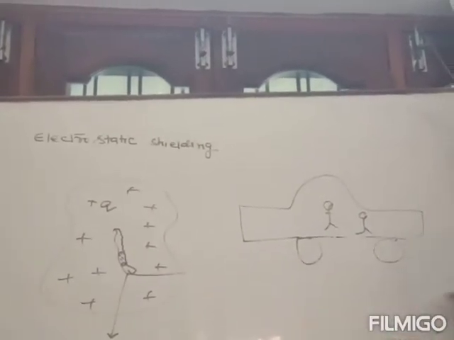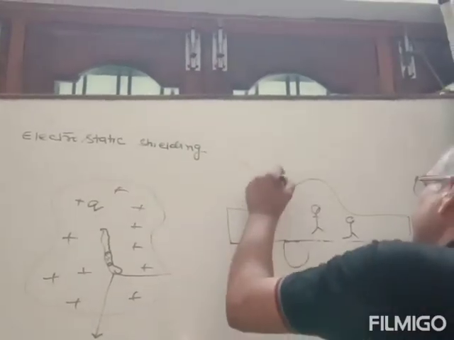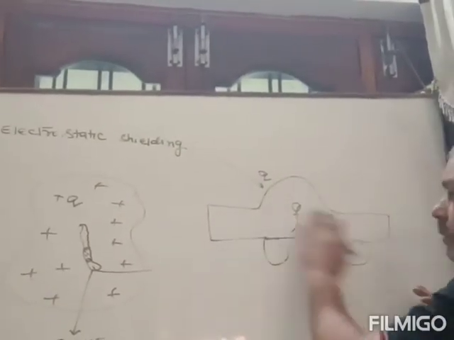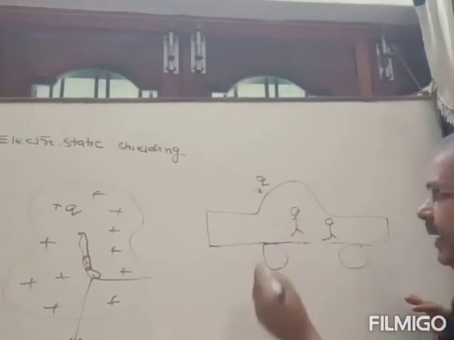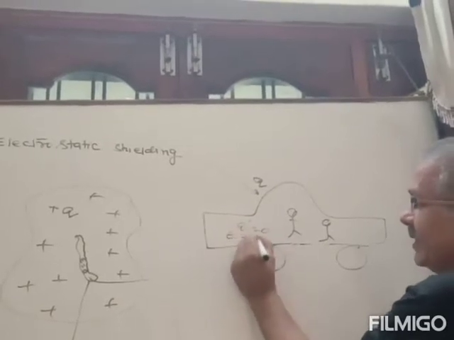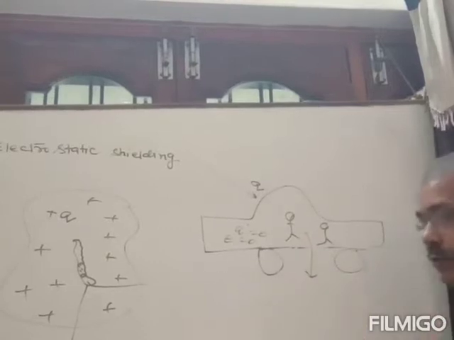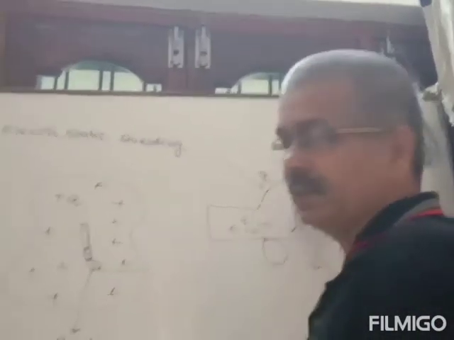So during thunder and lightning, suppose charge is present on the surface of the car, but if the window of the car is closed, the inner space of the car will act as a cavity, and here no charge is present. So electric field intensity inside the car is 0. So you will remain safe from an electric shock. So it is the application of electrostatic shielding.